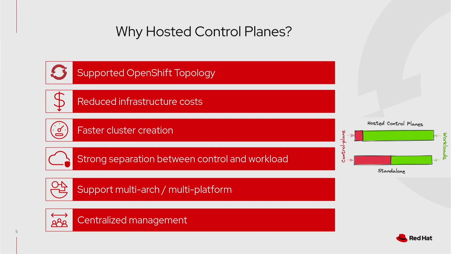The creation of that OpenShift cluster when it's a hosted control plane is much faster. You also can have stronger separation between your control nodes and your workloads. It also supports multi-architecture and multi-platform, so you can have hosted control planes in a variety of scenarios: AWS, bare metal, virtual machines, depending upon what you want to do for your organization. And then, of course, you get the benefit of that centralized management.